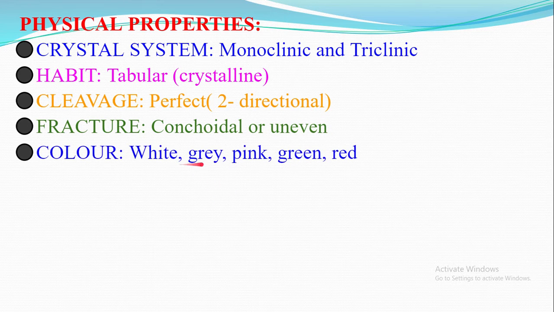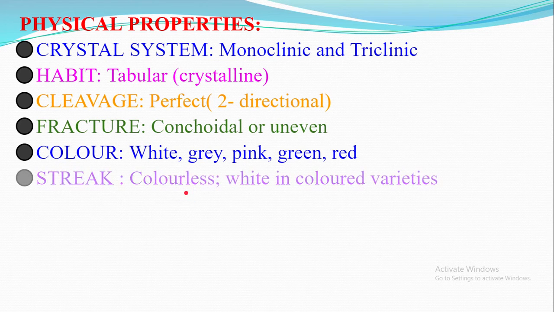Color is white, gray, pink, green, red. As we just checked in our figure, you may have mainly the pink color and the white color and some gray color. Streak, definitely in the colored varieties, you will have white, but otherwise it is colorless.